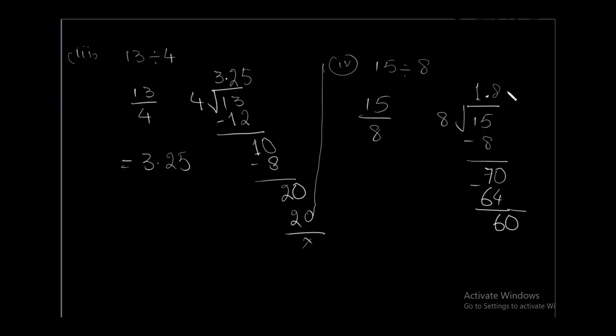So I should go to 8 7s are 56, which is very close to 60. When I subtract this, I get 4, and again this point gives me 0, so I can write that 8 5s are 40. When I subtract this, I get nothing, and this is the final decimal answer of 15 divided by 8, which is 1.875. This is the final answer of the question.